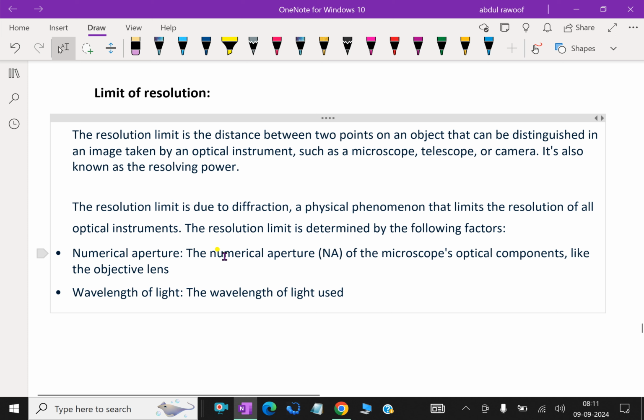The resolution limit is determined by the following factors. That is numerical aperture, that means the numerical aperture NA of the microscope's optical components like the objective lens. Wavelength of light. The wavelength of light is used to get a limit of resolution.